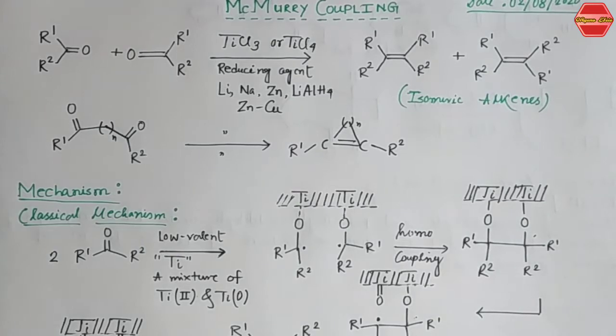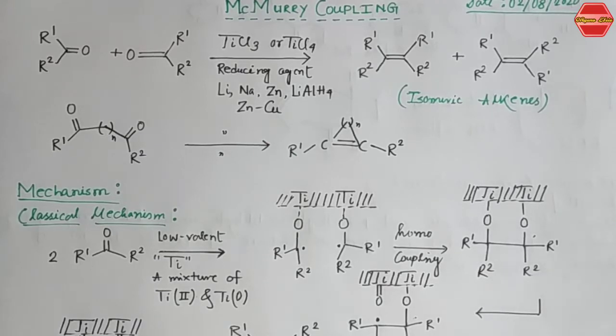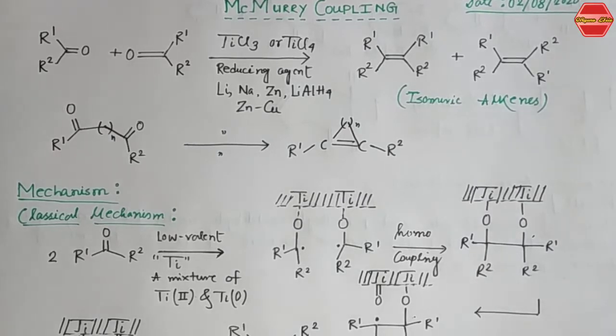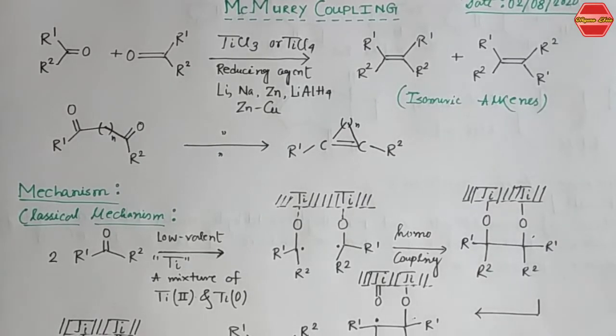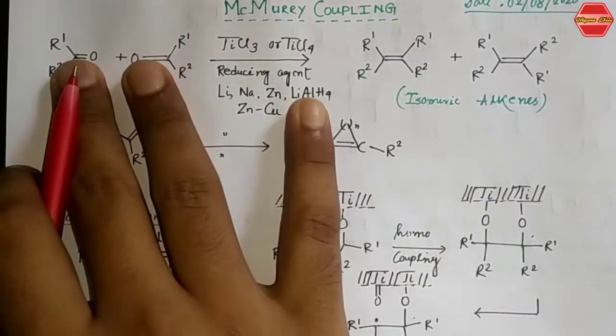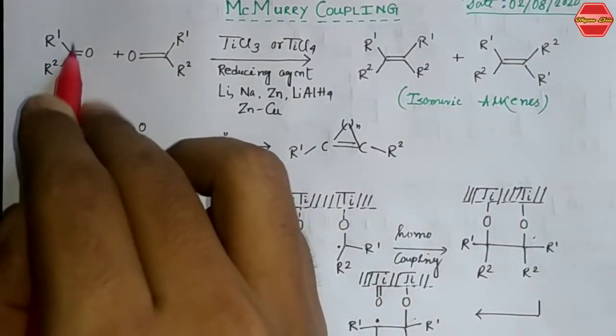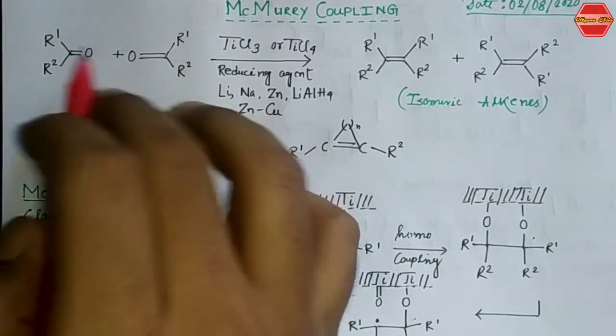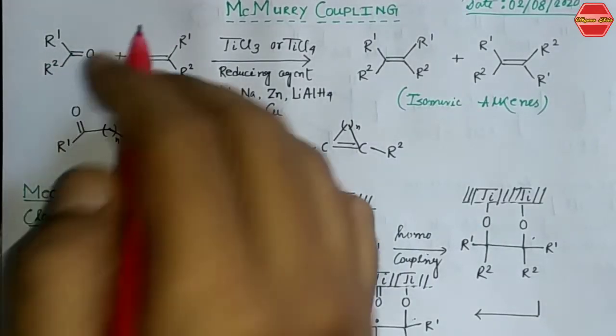Basically, this reaction tells us about the olefination of a carbonyl compound. Olefination means that alkene formation takes place during this reaction by using a carbonyl group. See the first substrate that we have written over here: there are two different kinds of ketone.